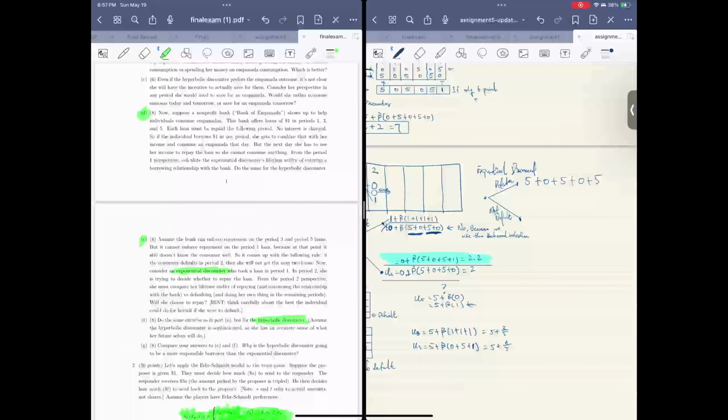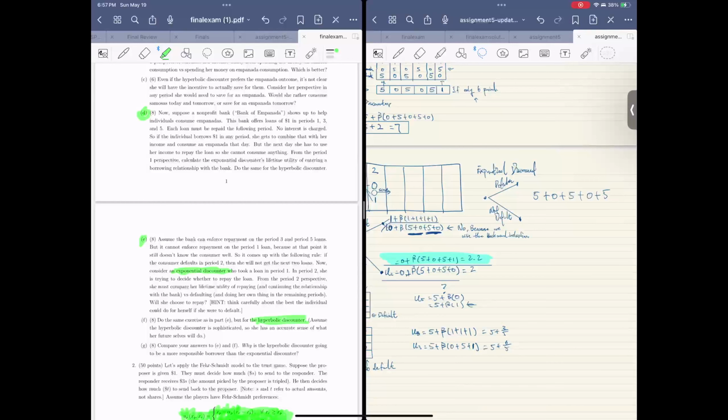This is correct for not default. Is it for default or not default? Doesn't matter, because delta equals 1. Delta equals 1, it doesn't matter, because your utility will be the same.